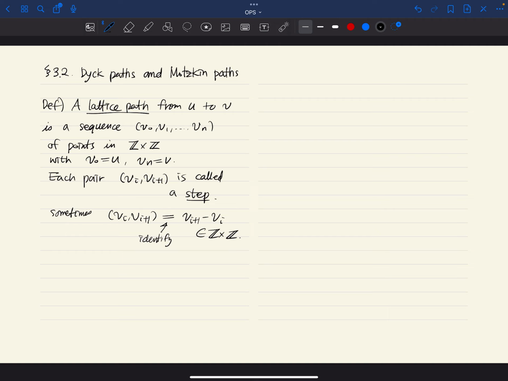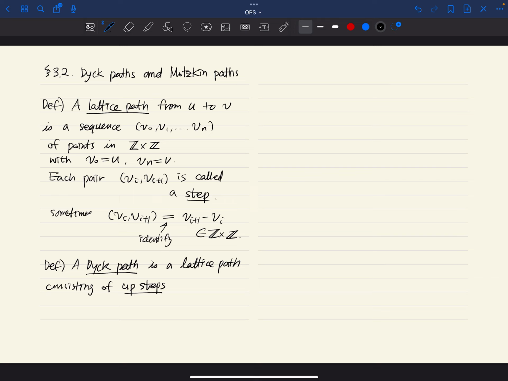Okay, I'm going to give you some examples, but let me define Dyck path. So a Dyck path is a lattice path with some properties, of course, consisting of two types of steps, which I call up steps and down steps.